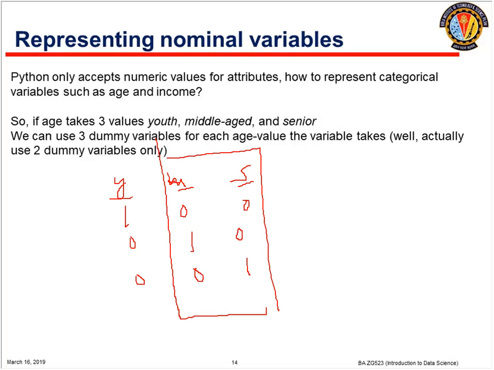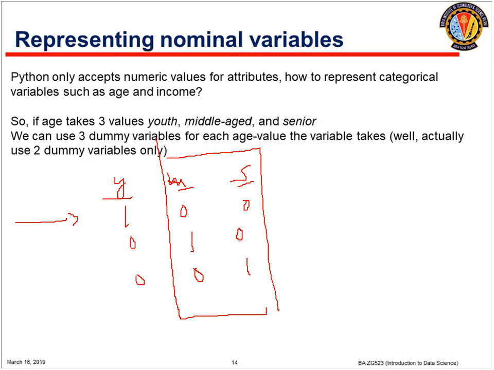And let's say you know the values of middle aged and senior. Let's take the first example. You know that the middle age bit is 0 and the senior bit is also 0. So obviously the third bit, that is youth, should be 1. You know that, right? Because only one of them is 1. It's one hot encoding.